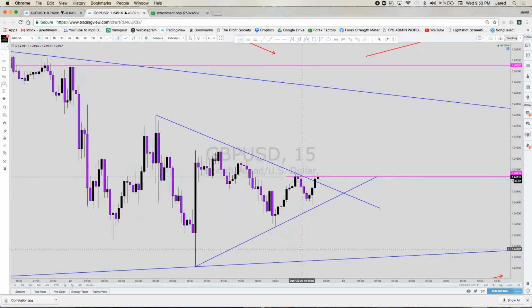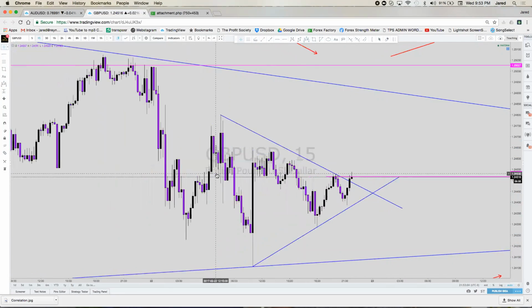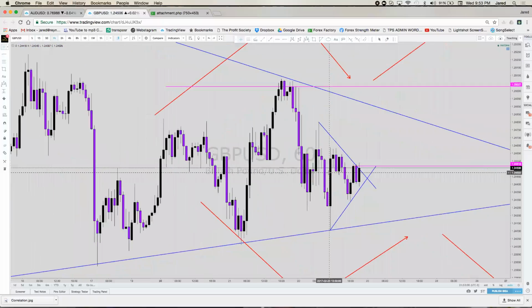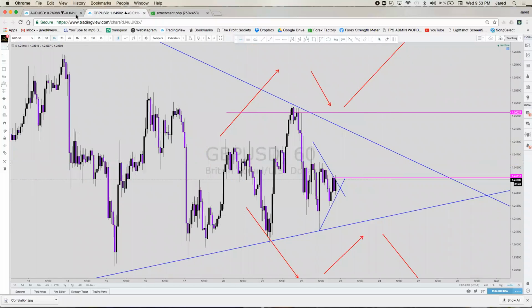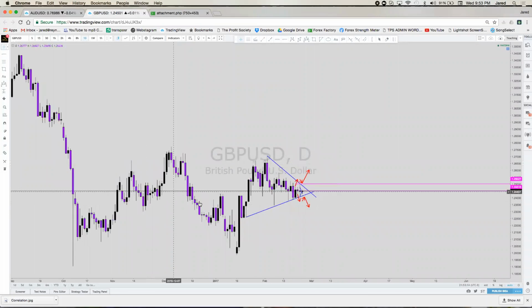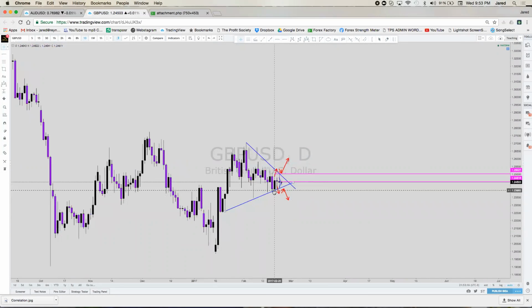But let's look at the one. Man, it's been so sideways. It's a huge little wedge here. And as you can see, candles are getting smaller and smaller, and more consolidation and more consolidation. This breakout's going to be lovely.